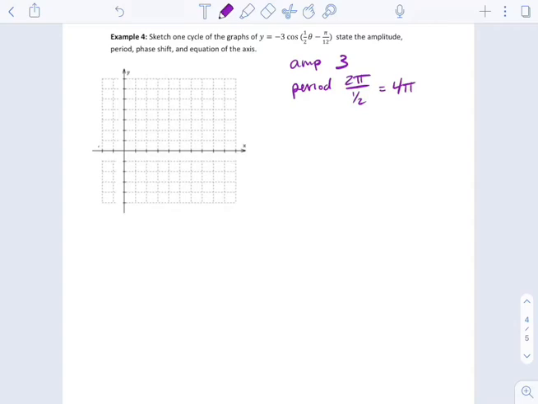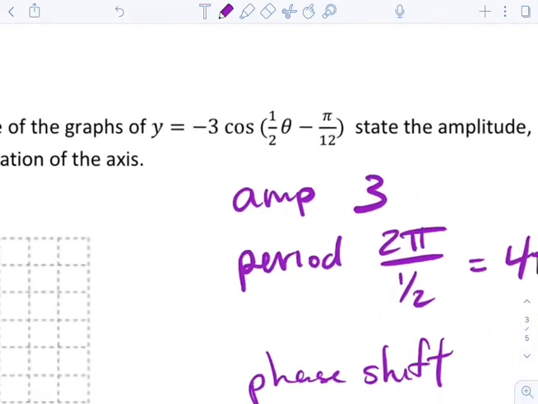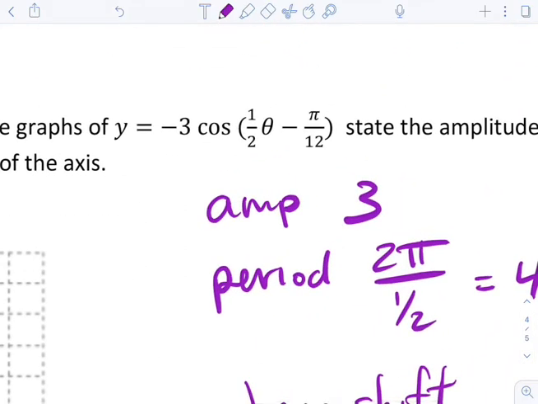Phase shift. So I have to look at what we've got here. And I notice that k has been distributed inside, so I need to take out half. So I have to take pi over 12 and divide it by a half. Same thing as dividing by half is multiplying by 2 to give me pi over 6.